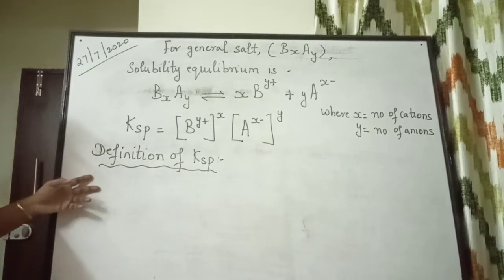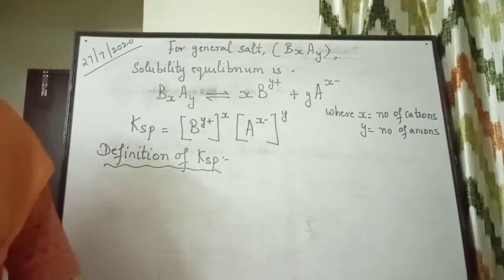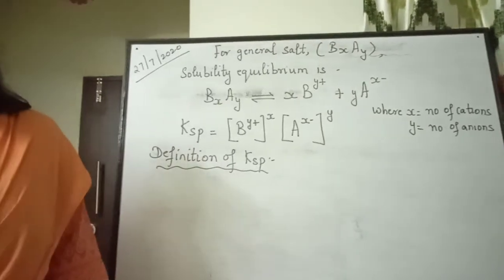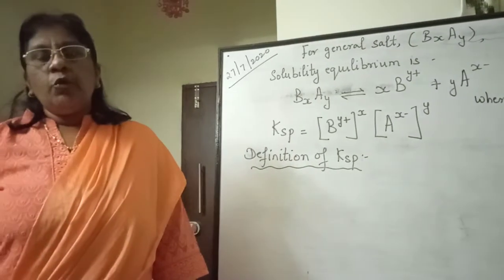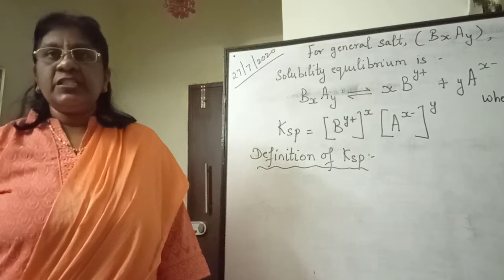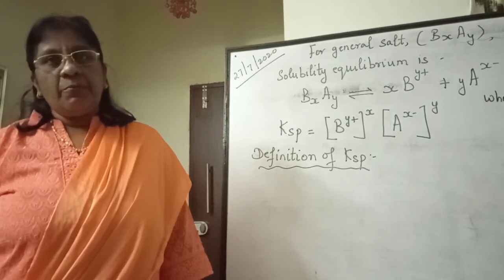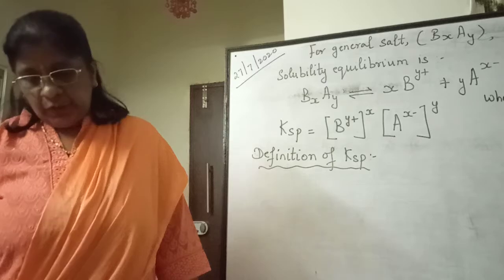The definition stated earlier is simpler than that given in the textbook. So you have a choice. Whichever is easy for you to remember or memorize, you can learn that particular definition.